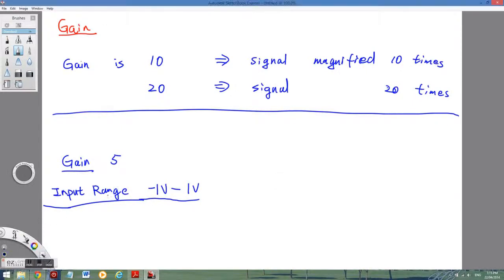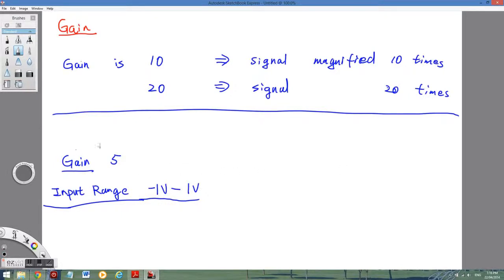So for each amplifier, they have a range. When engineers choose an amplifier, they need to work out the input range of the signal, then they choose the correct amplifier with the correct gain and a suitable range.